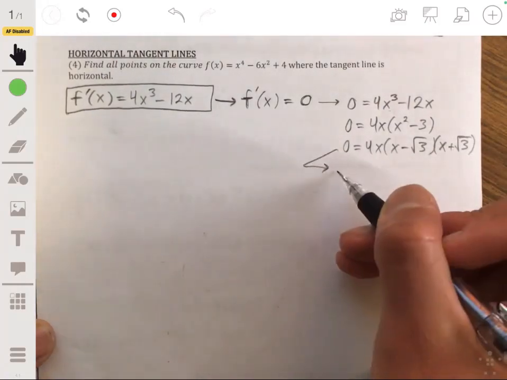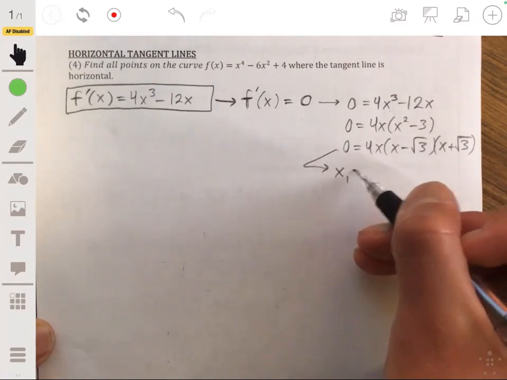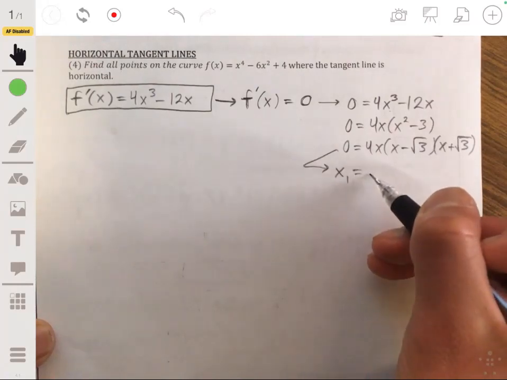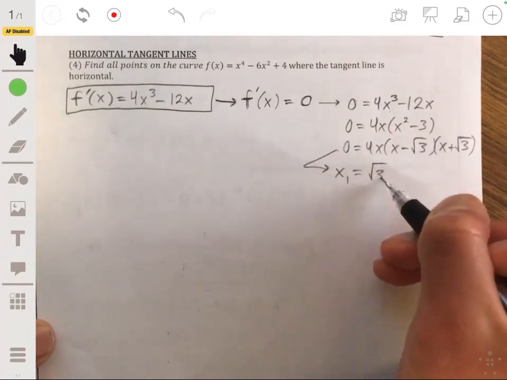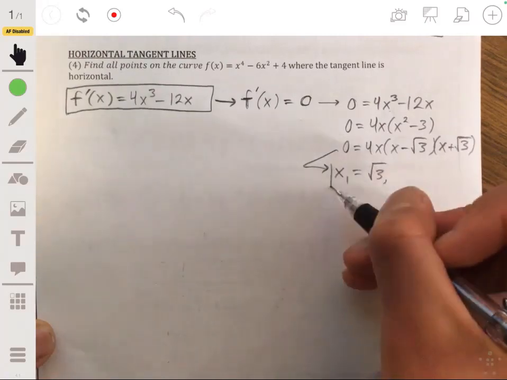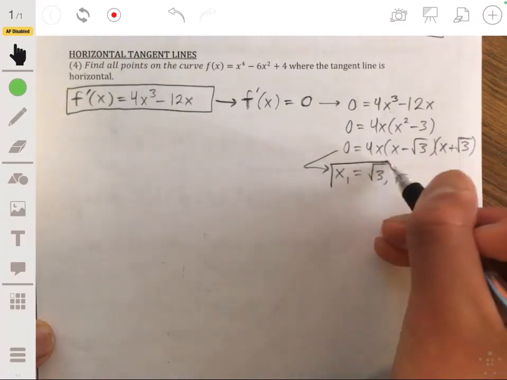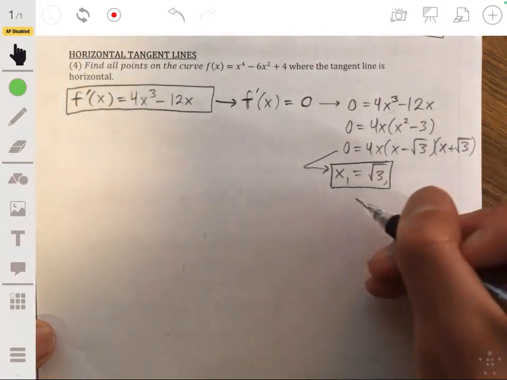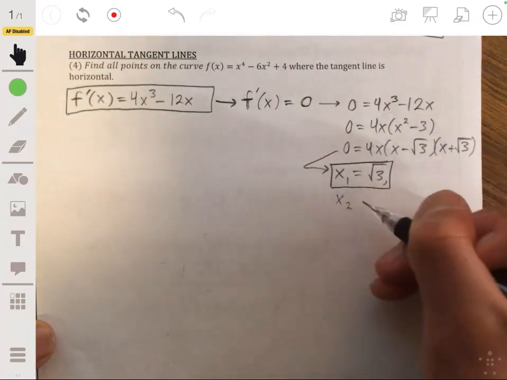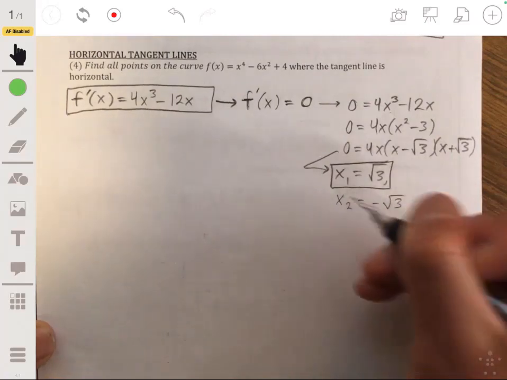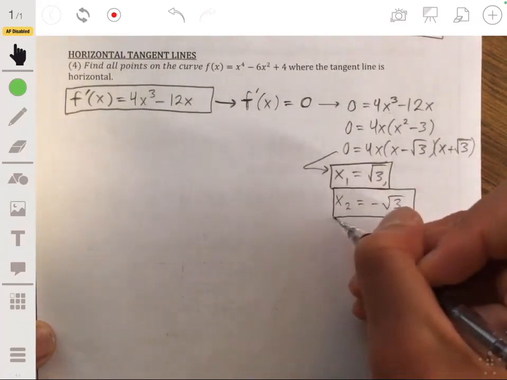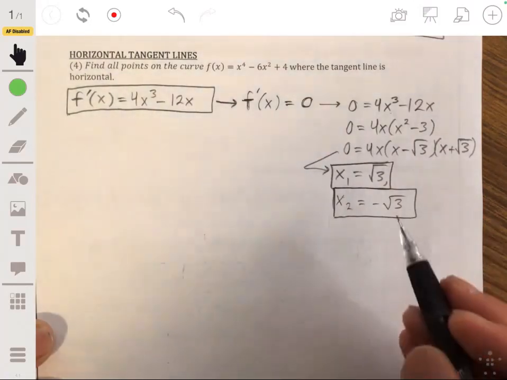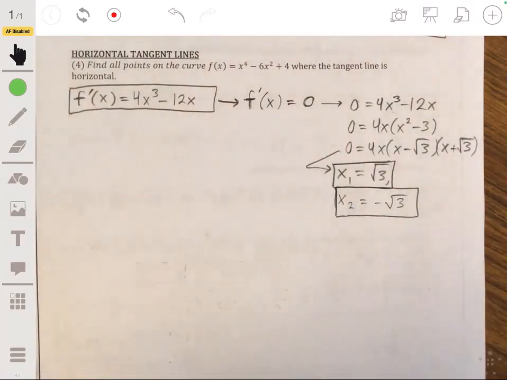And so your two zeros will be x equals the square root of 3, and your other one will be the negative square root of 3. Okay, so these are the x coordinates.